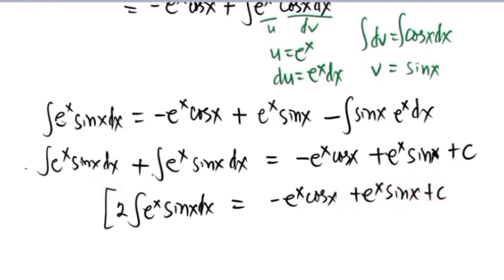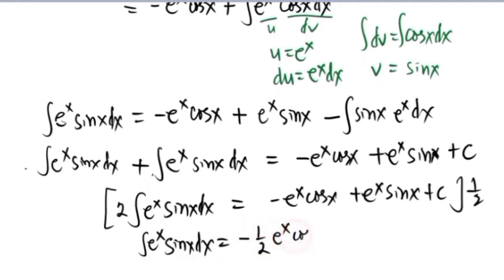So divide everything by 2 or multiply by 1/2 to remove the 2 on the left side of the equation. So we would have the integral of e to the x sine x dx is equal to negative 1/2 e to the x cosine x plus 1/2 e to the x sine x plus c.